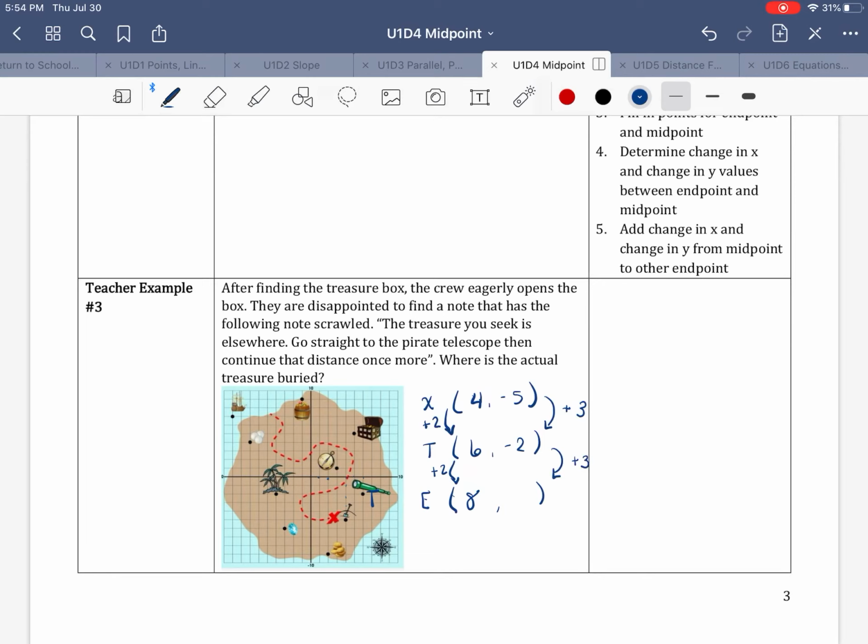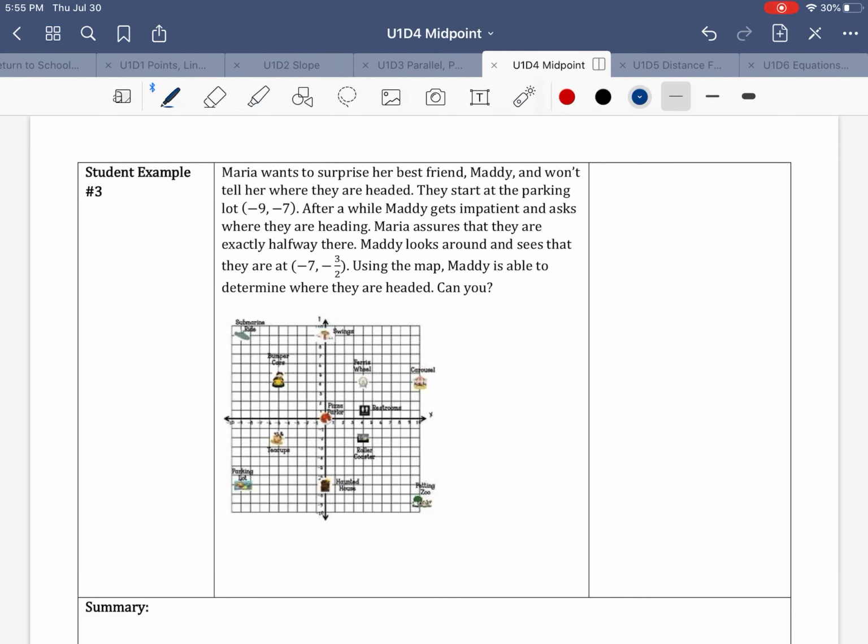I'm going to do that one more time. -2 plus 3, we get a +1. That means our treasure is at 8, 1. So 1, 2, 3, 4, 5, 6, 7, 8, 1, right there along the beach. And that's where our treasure is going to be buried. Use a similar strategy and then solve student example number 3.